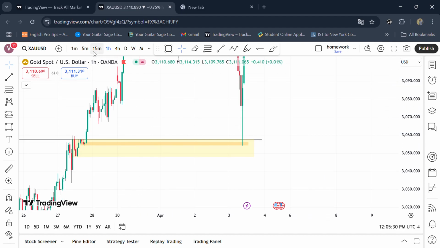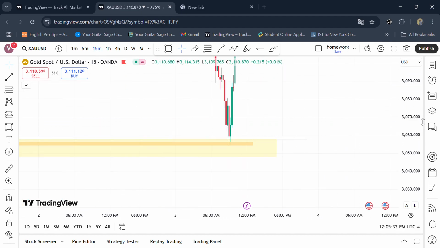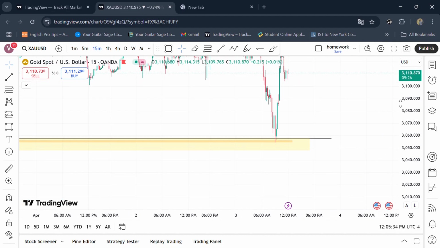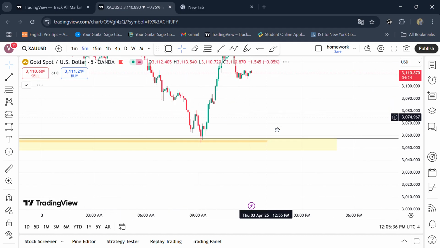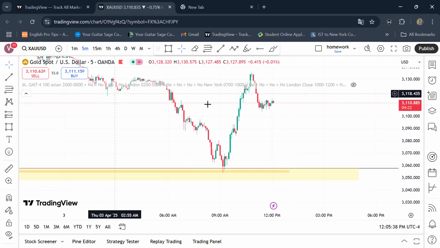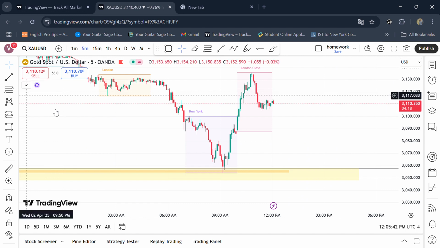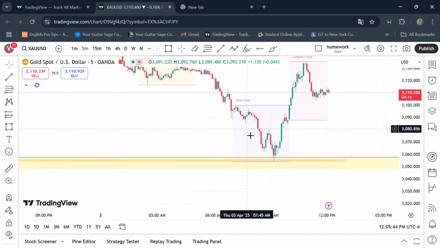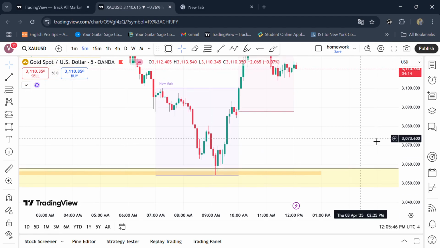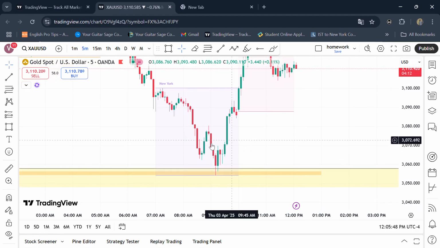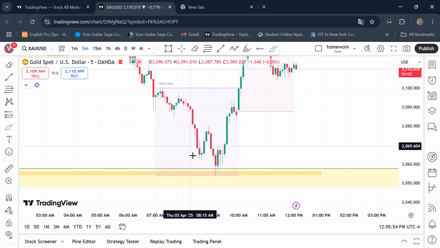So now if we go on lower time frames, let's go even lower and we'll turn on the session. When I had opened the laptop, the price was here somewhere.